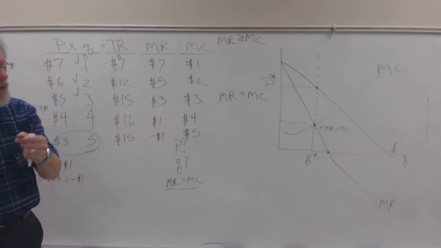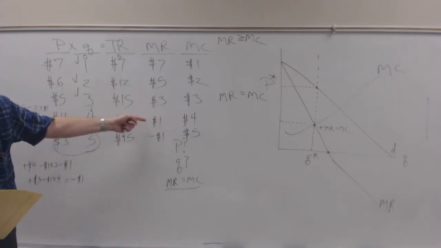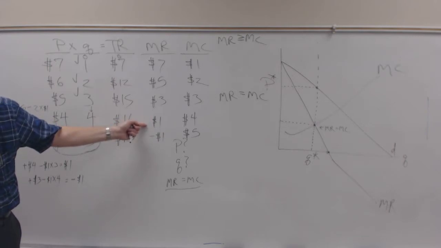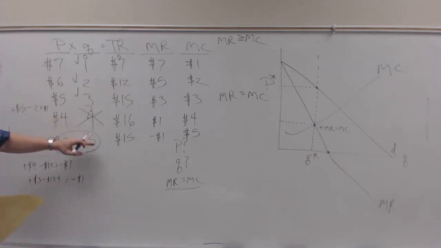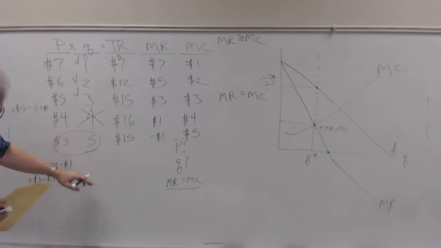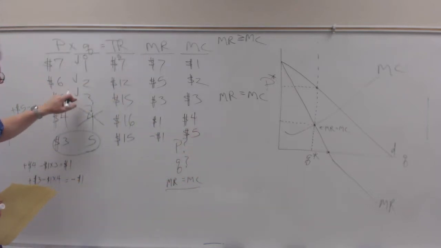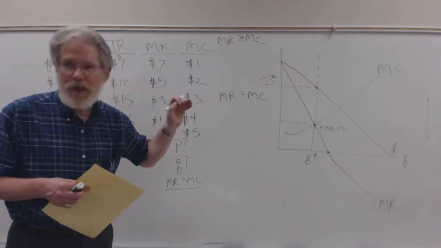Do you want to spend $4 to produce a unit that's going to raise your revenue by only $1? Is that going to add to your profit? No. And so he'd say, no, not going to produce that. The fifth unit would be even more disastrous. So you're going to stop at 3, where marginal revenue and marginal cost are exactly equal.